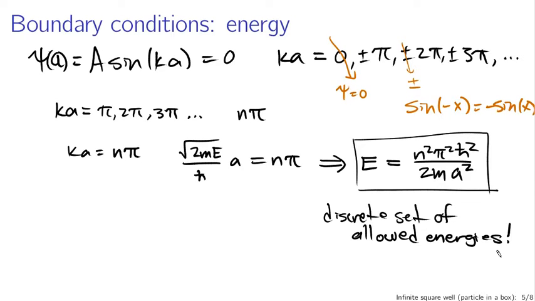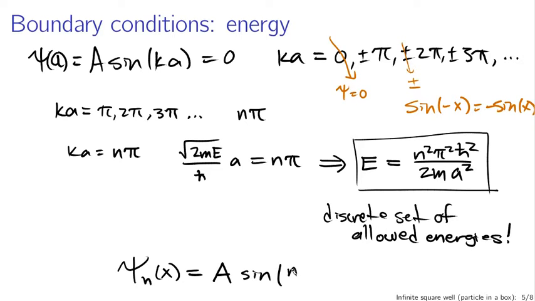We started with a system that by all respects was continuous and had nothing really discrete about it. And what we ended up with in the end was a discrete set of allowed energies, a discrete set of solutions. Our wave functions look like psi sub n now. We don't have just any possible value, and they're going to be big A, a normalization constant, times the sine of, and if you substitute all of this back in, Ka is n pi.